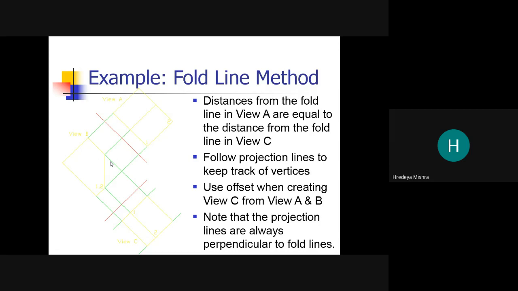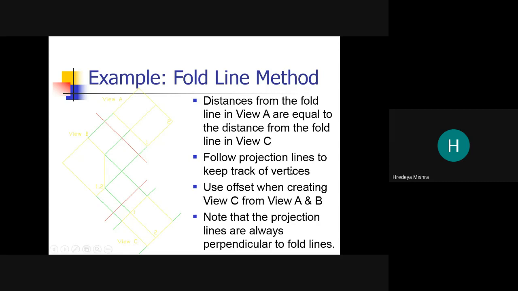So the distance from the fold line in view A, see here, is equal to the distance from the fold line in view C. The red line is our fold line. So whatever the distance from view C to the fold line, the same distance is here from view A to the fold line.